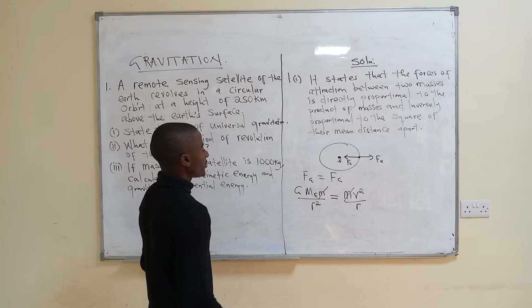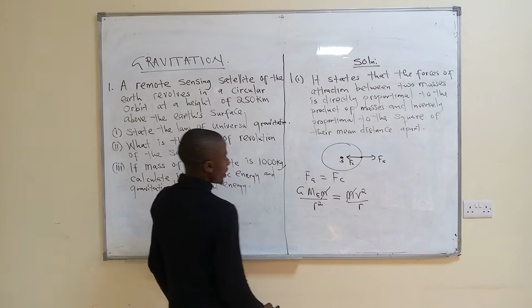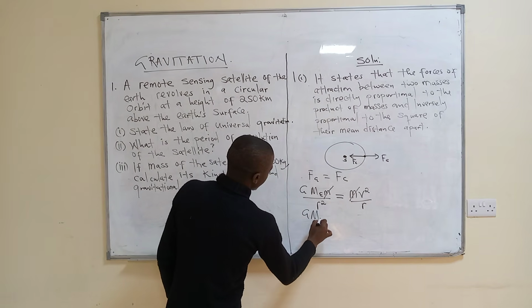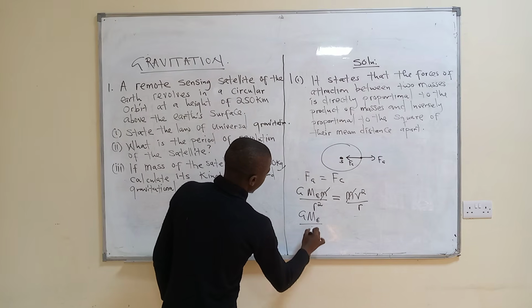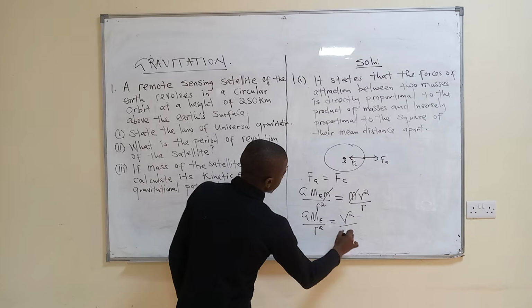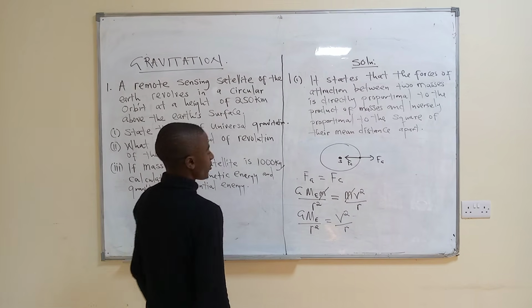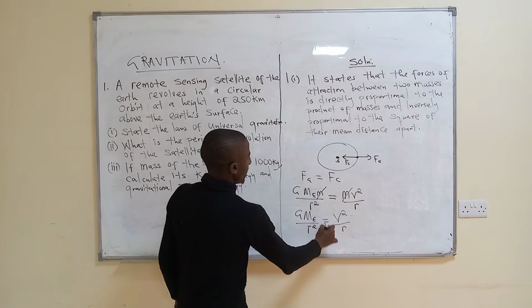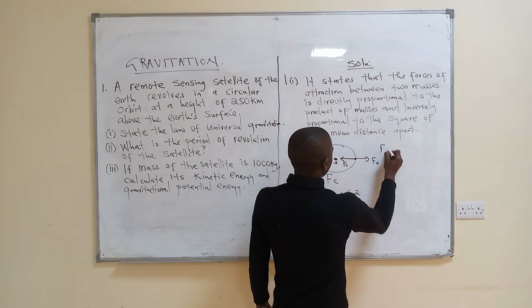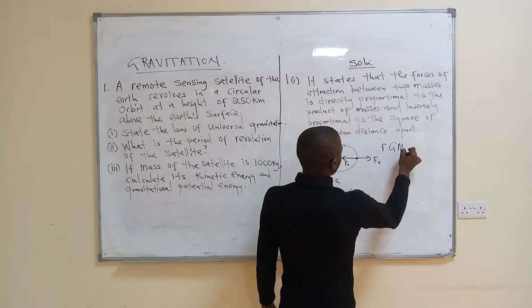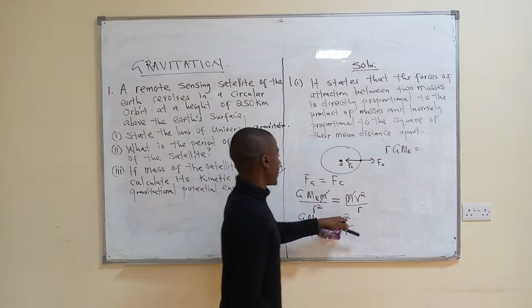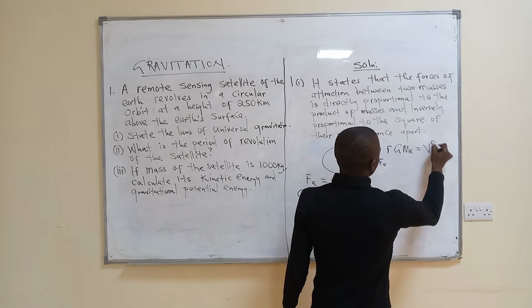We remain with G Me over r squared equals v squared over r. Cross multiplying, r times G Me equals r squared times v squared.